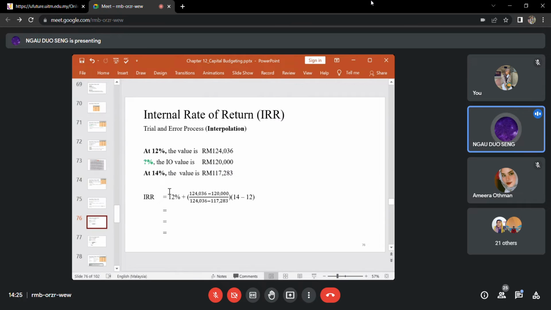So we take 12% plus 124,036 minus 120,000, then we divide by 124,036 minus 117,283, then we multiply by 14% minus 12%. Alright, okay, so you go into your calculators, then you let me know the answer.